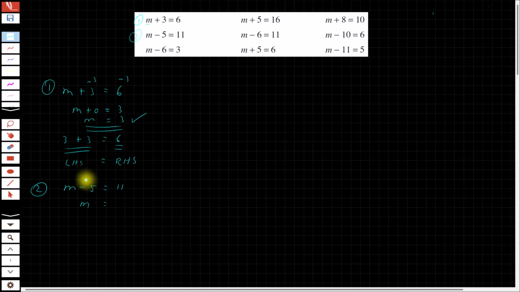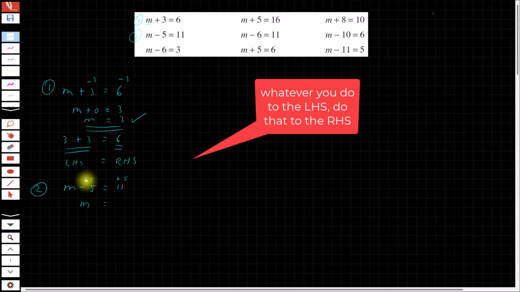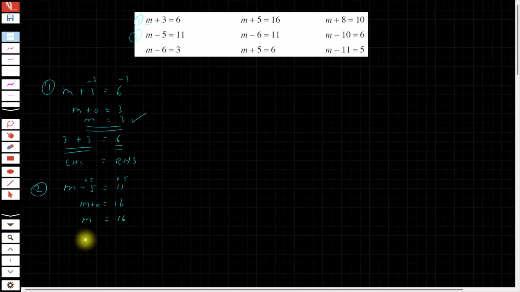Well, we need to plus 5 there, and whatever we do to the left hand side, we need to do to the right hand side. So we plus 5 there. Minus 5 plus 5 is 0, and 11 plus 5 is 16. So we have m equals 16. This is the solution.